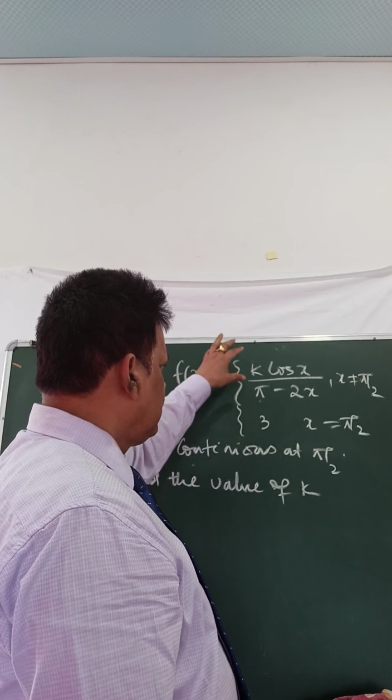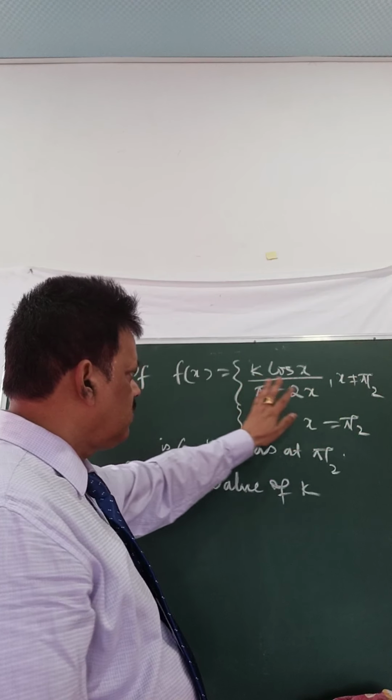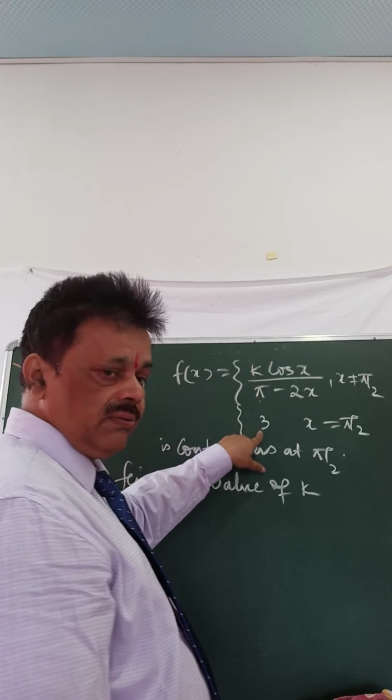Continuous means, since it is a trigonometric function, we will take only one limit. No need to take two limits here. We can write the limiting value equals the functional value.